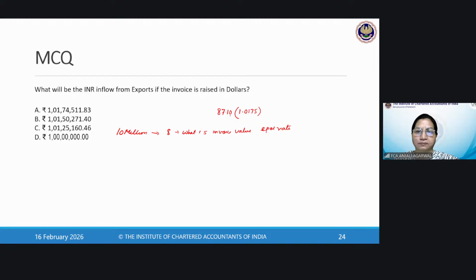Remember, bid rate would be applicable, and then apply the interest rate using the interest rate parity theorem to find out the forward rates, and then convert this dollar invoice with this rate into rupees again.